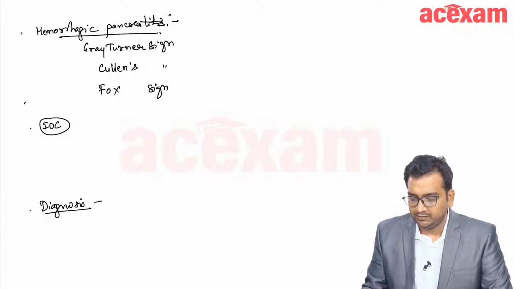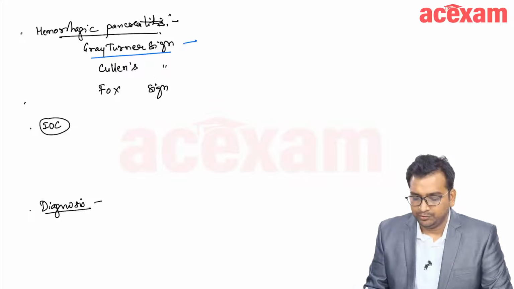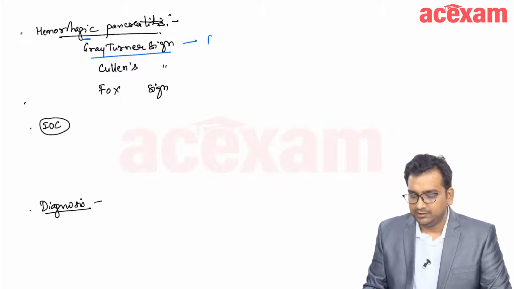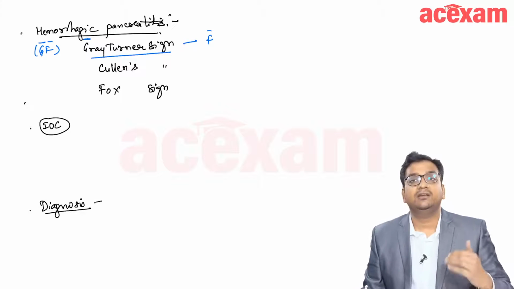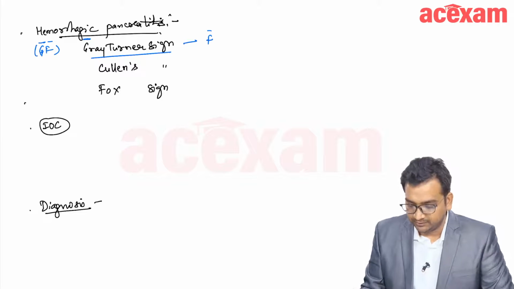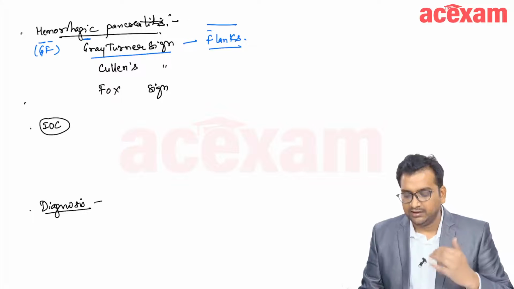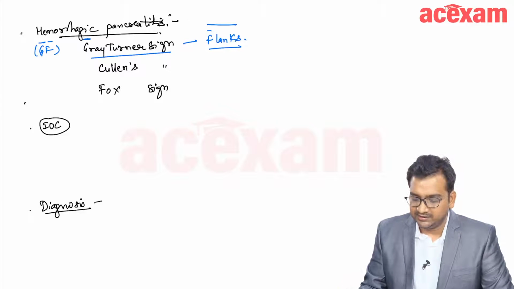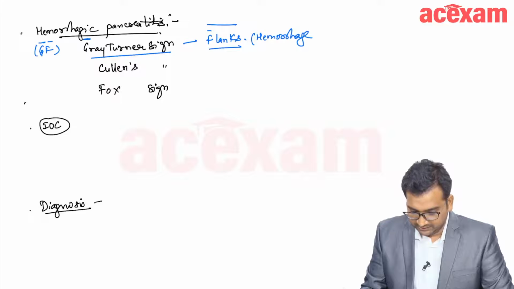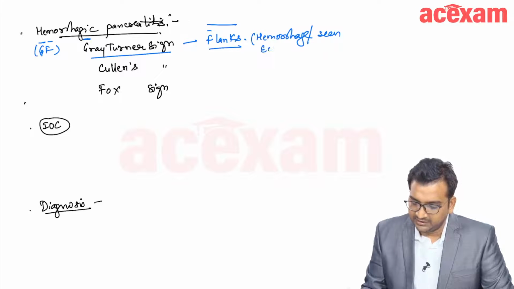Okay, now these are important from MCQ point of view. The mnemonic is girlfriend. Gray Turner sign is seen at the level of flanks. Hemorrhage can be seen as ecchymosis.